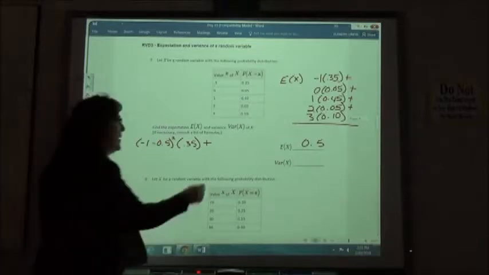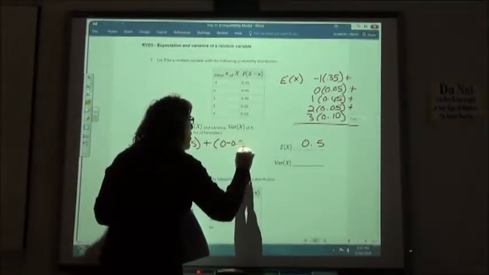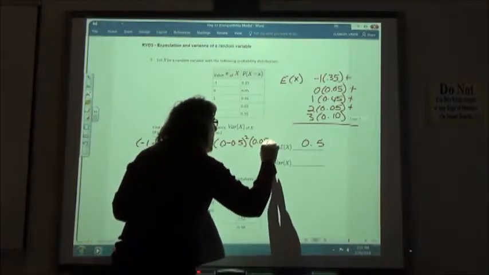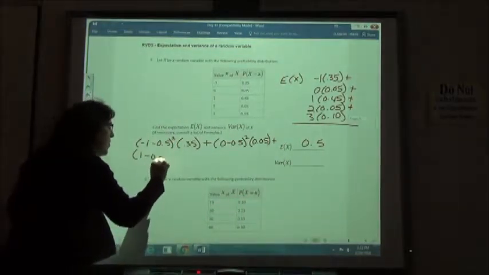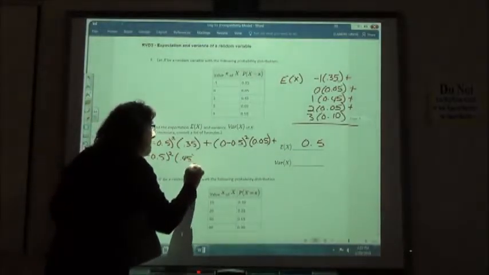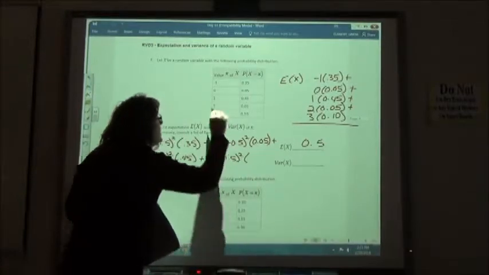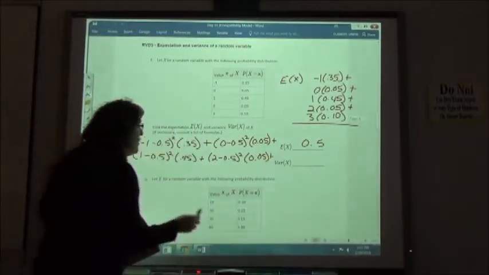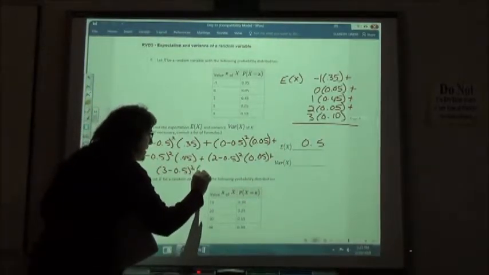Plus, then we're going to just do each of our numbers. So 0 minus the 0.5 squared times its probability. And we're going to do the 1 minus the 0.5 squared times its probability. The 2 minus the 0.5 squared times its probability. And lastly, the 3 minus the 0.5 squared times its probability.